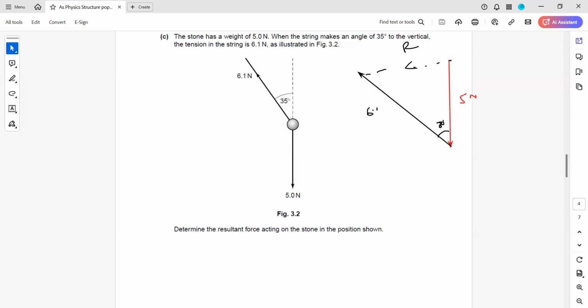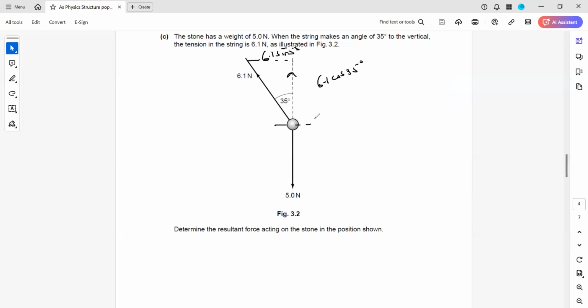You can also use a calculation method as well. You resolve the force into components and compare the horizontal and the vertical components. This will be 6.1 cosine 35, and this will be 6.1 sine 35.